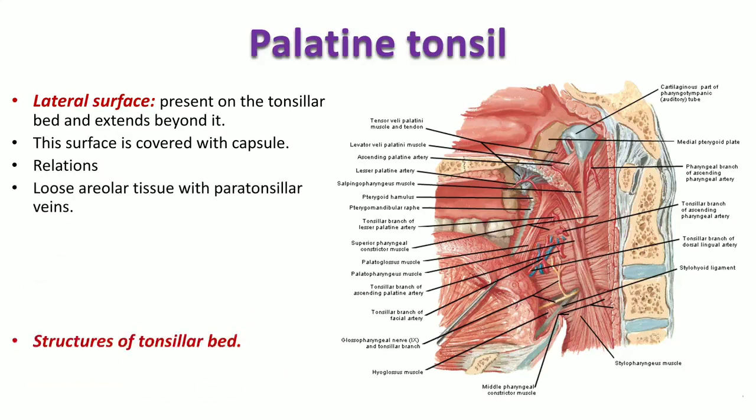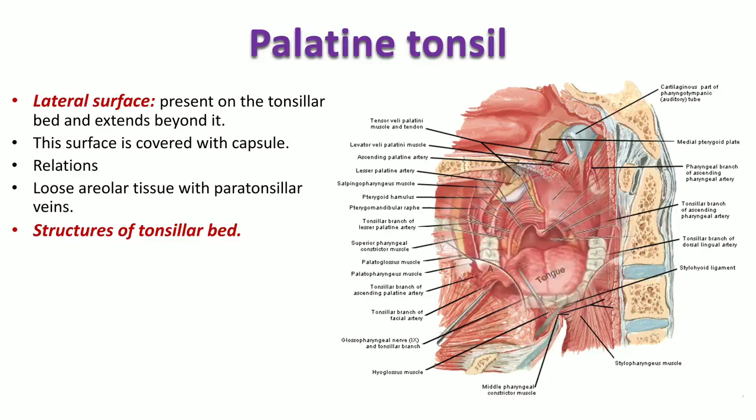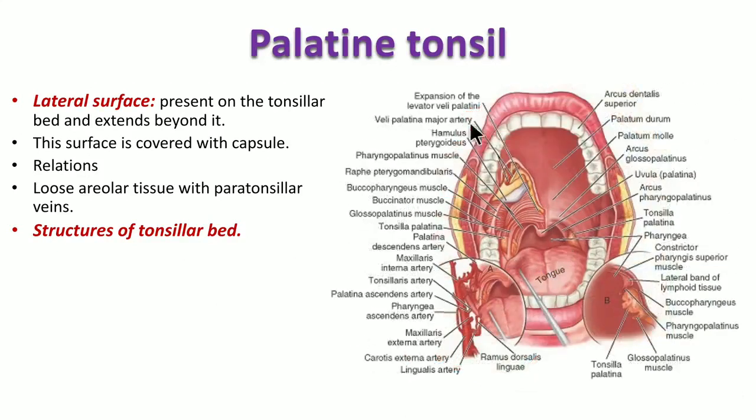Mainly, as I told you, the paratonsillar veins are seen, and then these muscles forming the tonsillar bed, that is your superior constrictor, styloglossus muscle, and part of the palatopharyngeus muscle, and more external to it.